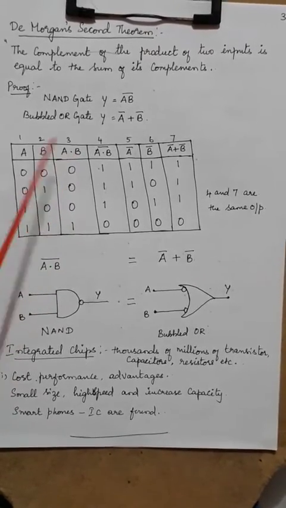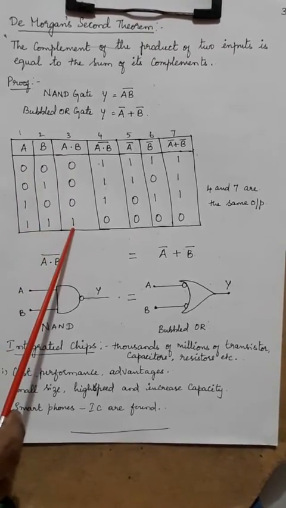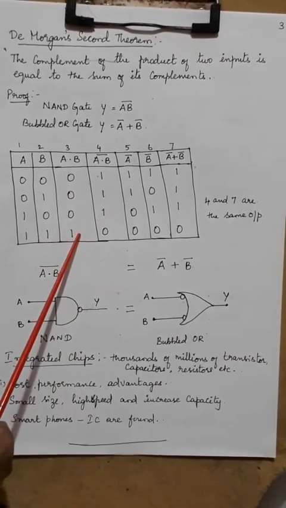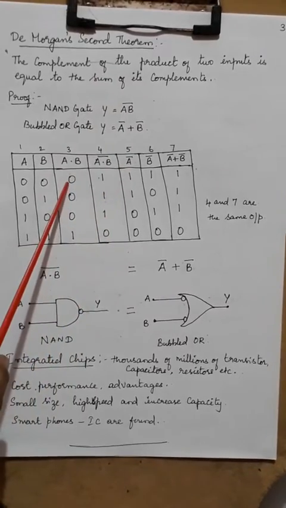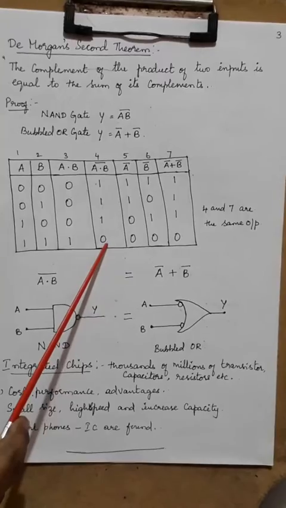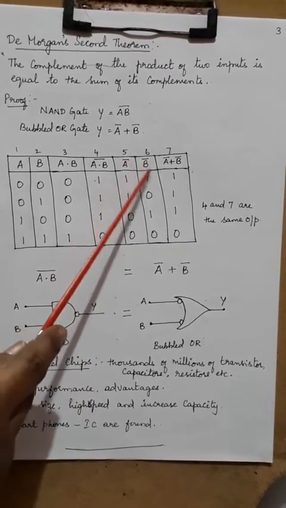Then A dot B. So A dot B will give you 1 only when you have 1 and 1. But that is not the ultimate answer that I require. The output is A dot B the complement. So all the zeros are converted into 1 and ones are converted into 0. Then come A complement and B complement.